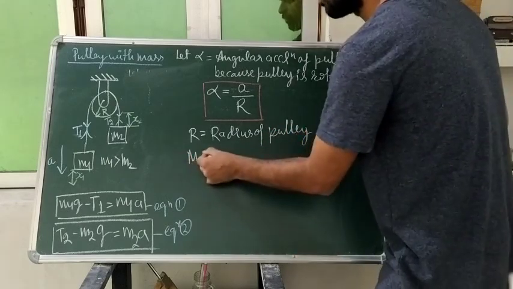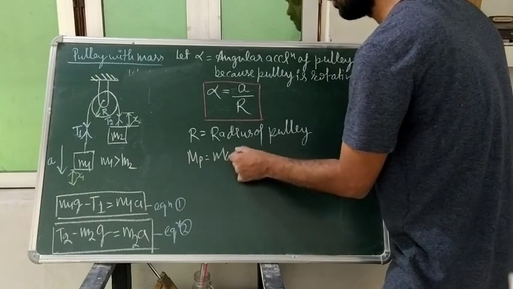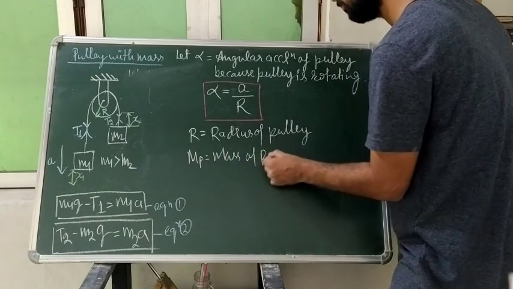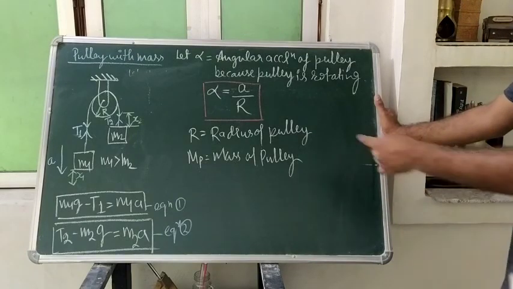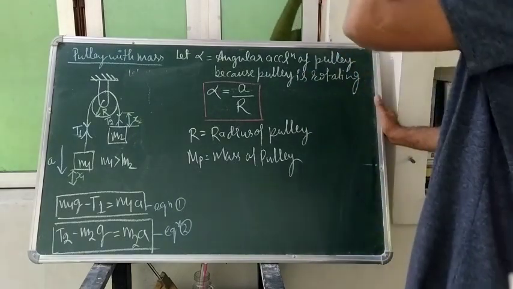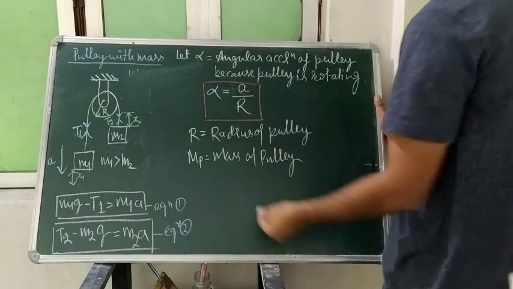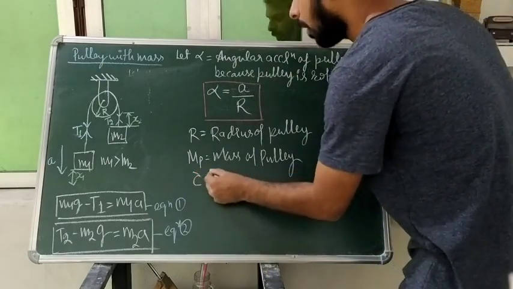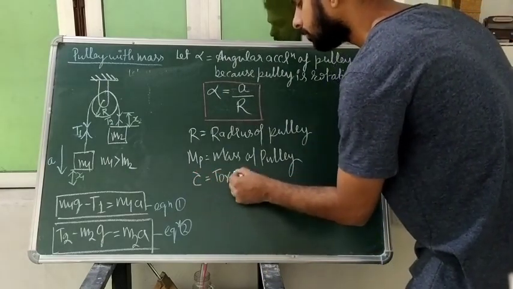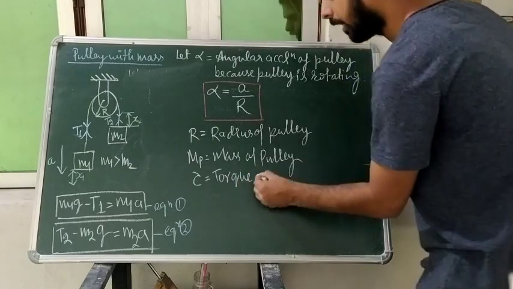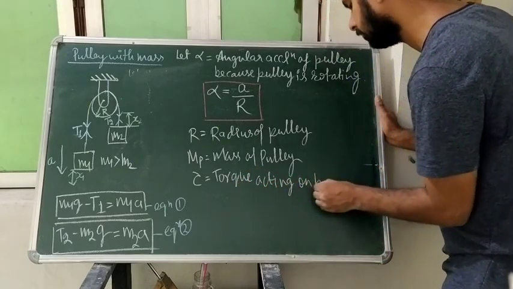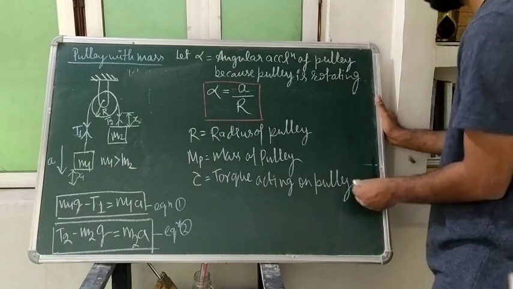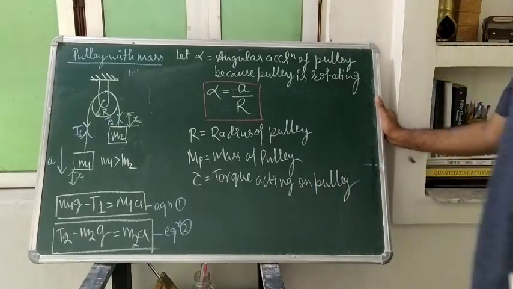MP is the mass of the pulley. These things we have assumed. Tau is the torque acting on the pulley. Torque, you will be aware of, I think.